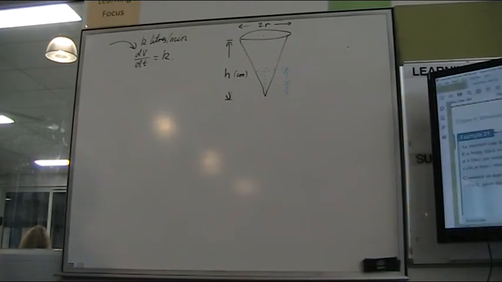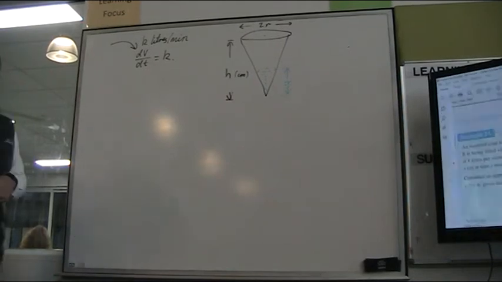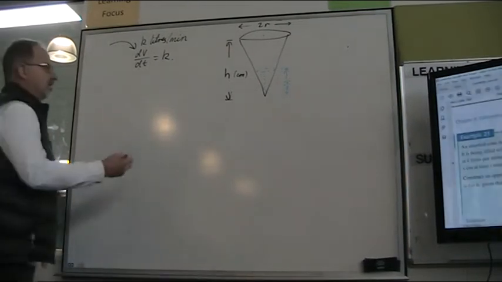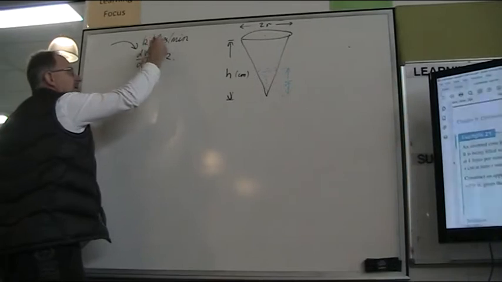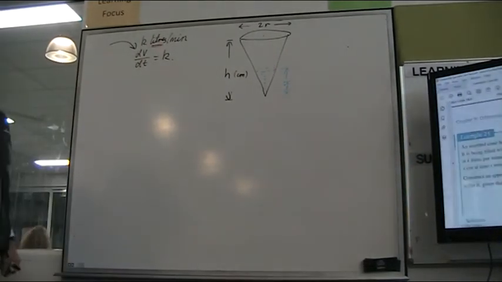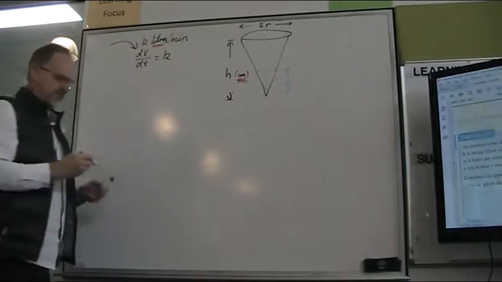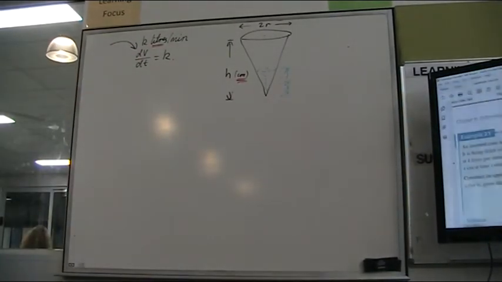So, first of all, before I go any further, there's something I will reconcile now: our volume here has been in litres, but the dimensions we're told about our cone are in centimetres.